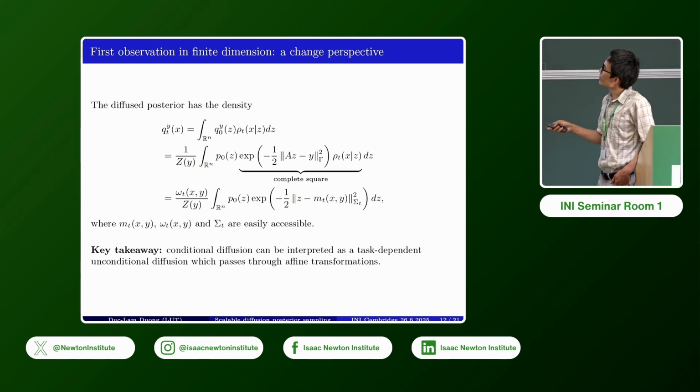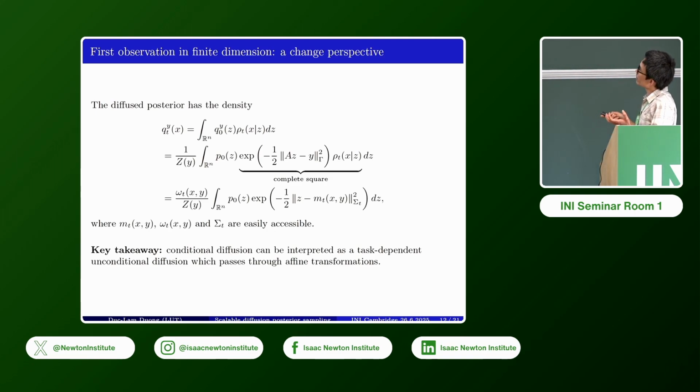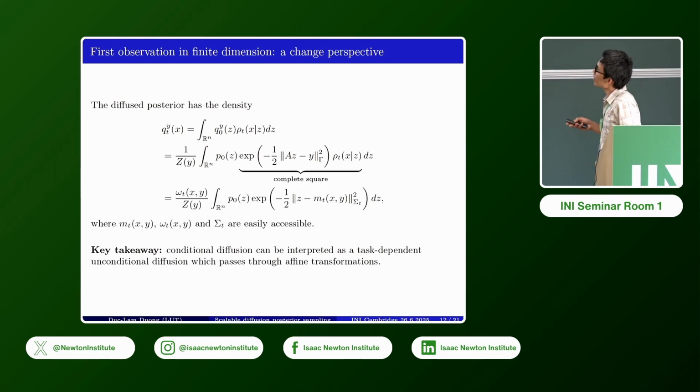All these terms can be easily computed in closed form. What is interesting here is that this conditional diffusion can be interpreted as a task-dependent unconditional diffusion, which passes through some alpha transformation.